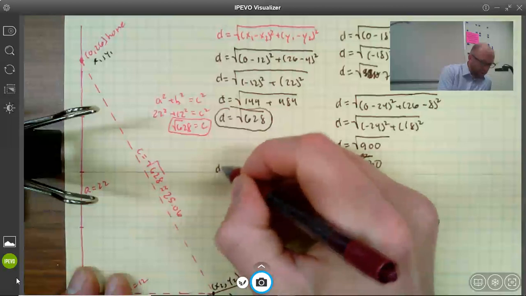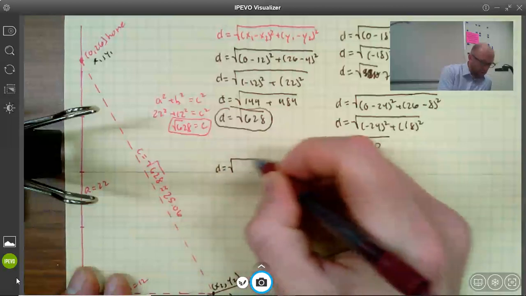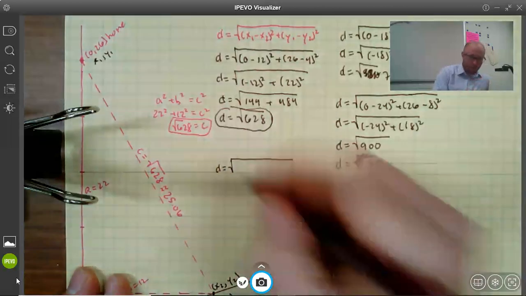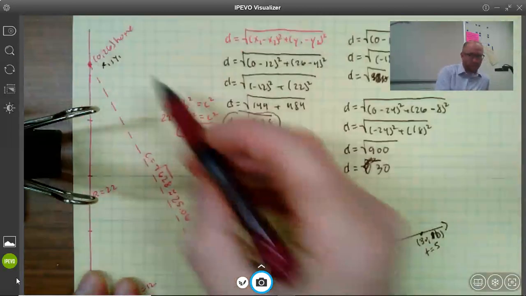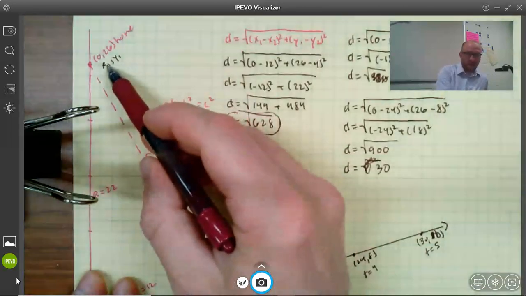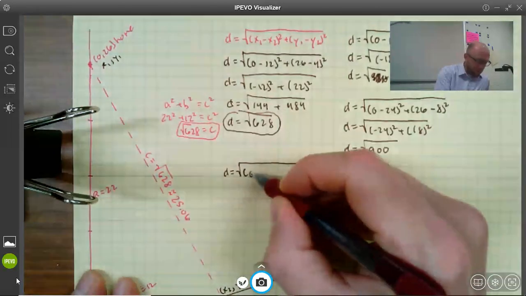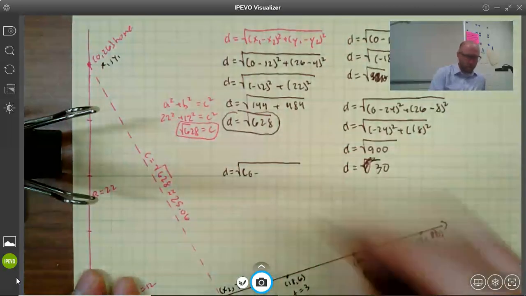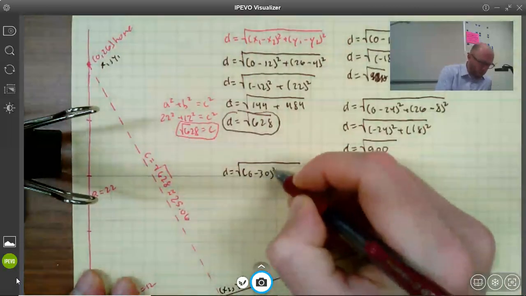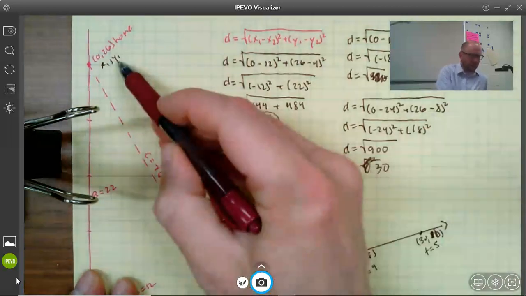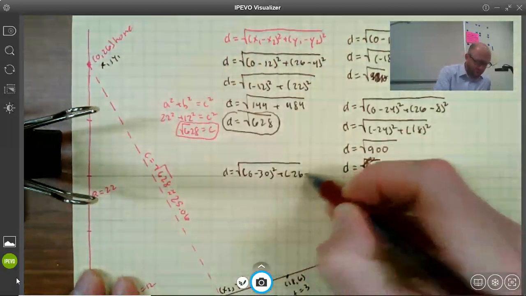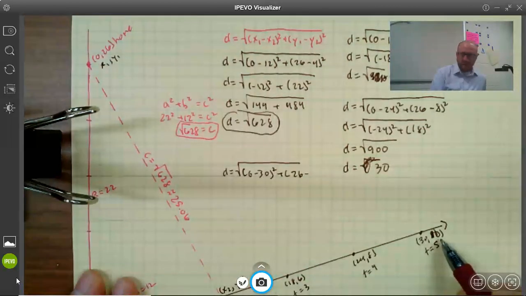So let's go. Distance equals, let's see. This is still our point 1, so 0 minus, this time 30 squared plus 26 minus, this time, and that's a 10 there.